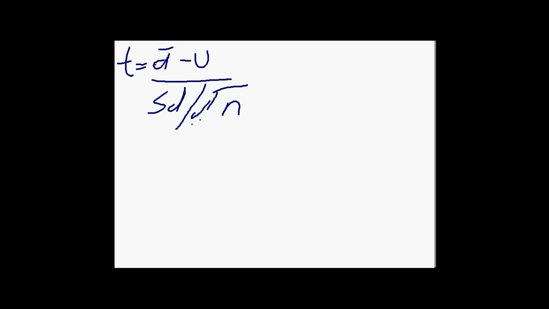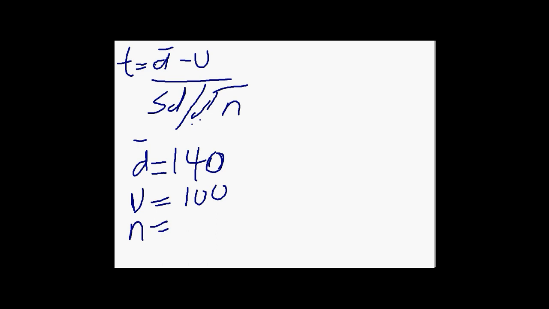So here, the D bar will be equal to 140, and then the U will be equal to 100, and then N is equal to 30.